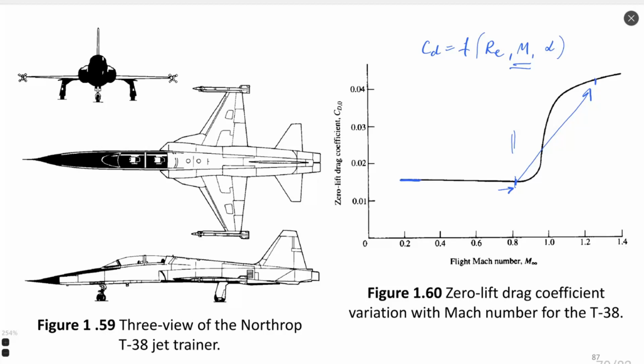Okay, professor, we have found this CD as a function of only Reynolds number, but do we need to find a function that also considers Mach number? And here you see a direct answer: you do not need to search for drag coefficient as a function of Mach number if you work outside of this transition region, outside of transonic flow. If you are in incompressible or in compressible but not transonic flow, you do not need to find the function of drag coefficient dependence. Okay, this should be clear.